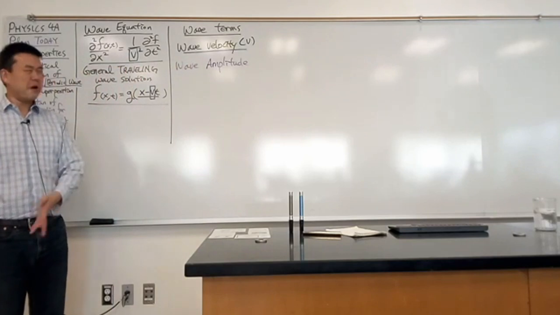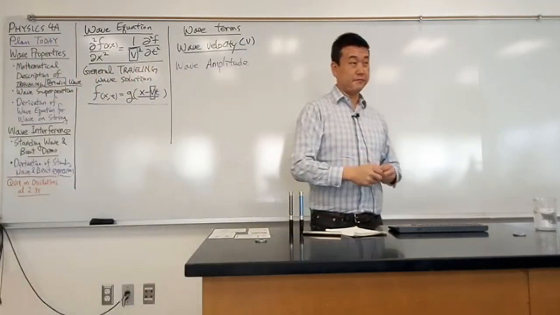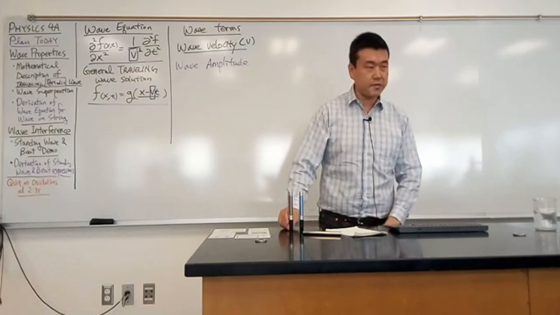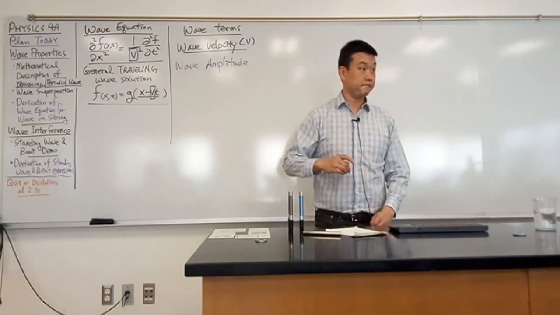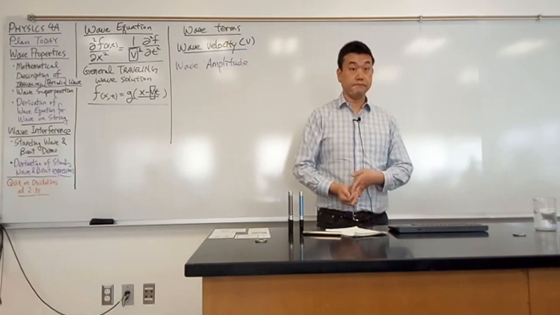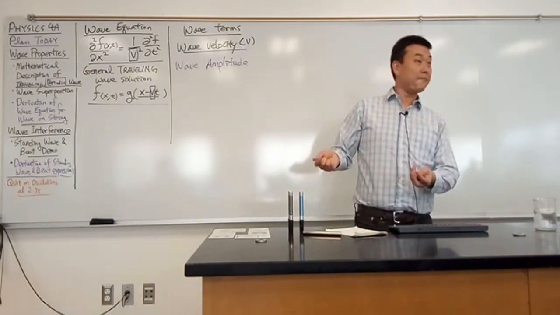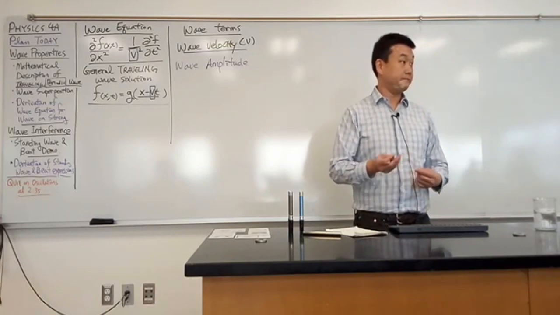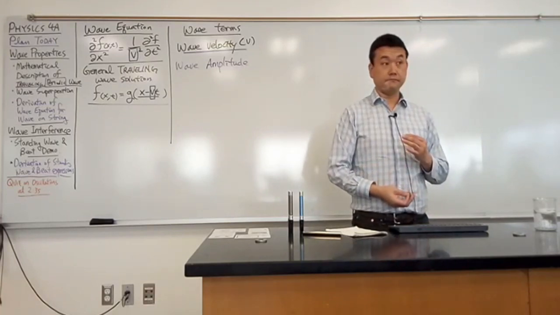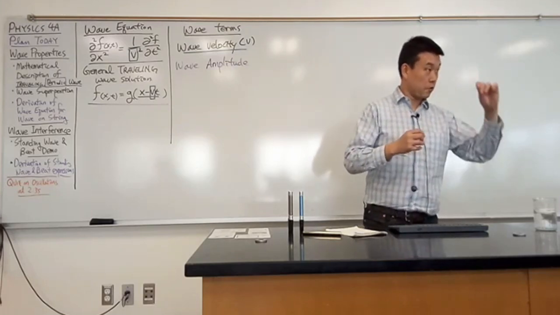What do we mean by amplitude? In what context have you seen that word, amplitude? I mean, you have seen the word amplitude, right? It's not new. So in what context have you seen it? Yeah, with oscillations, right?